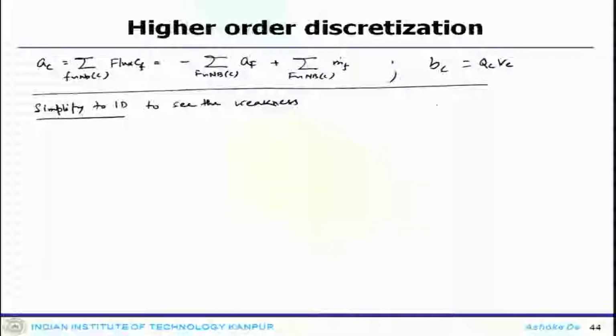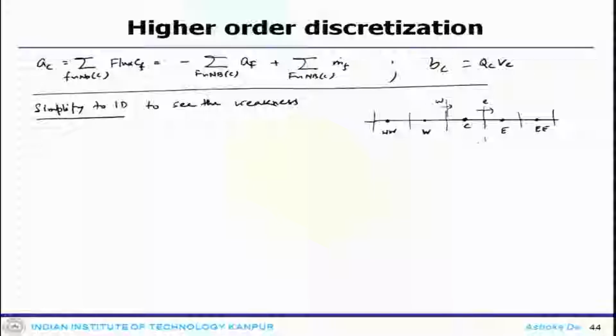So, the stencil would look like this. This is my C, and these are the cell faces, this would be E, E, W, W, W, and the faces east and west.